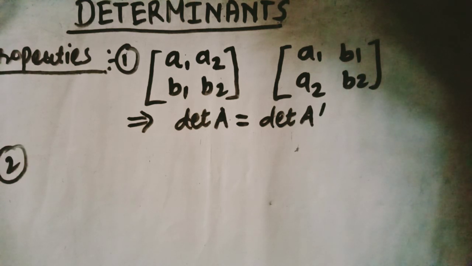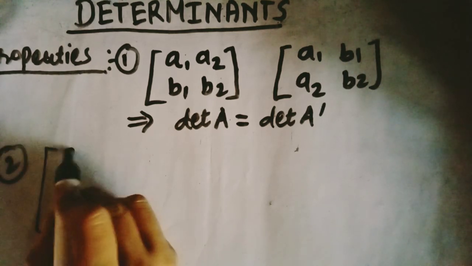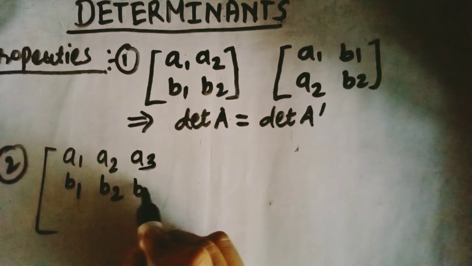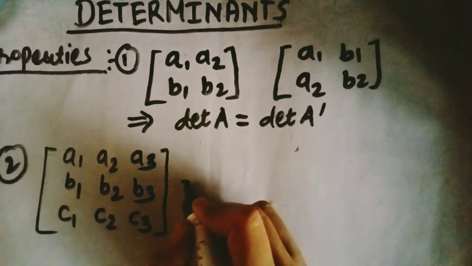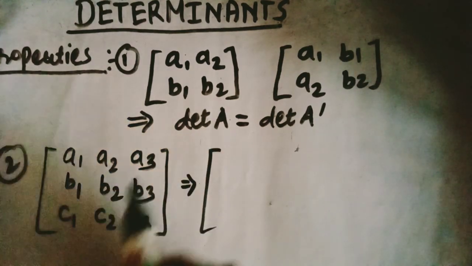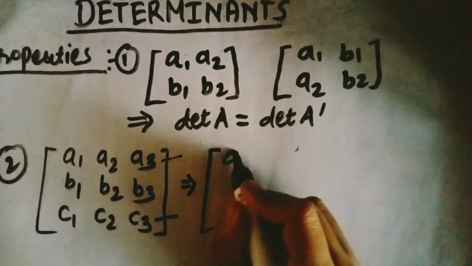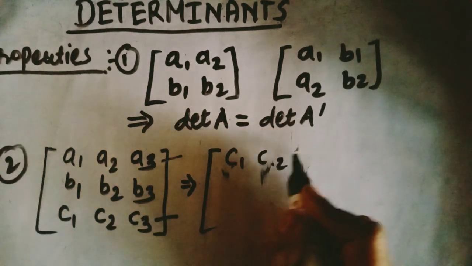So suppose we have a matrix, say with A3, and I am interchanging the first row and the third row, this will be C1, C2, C3.